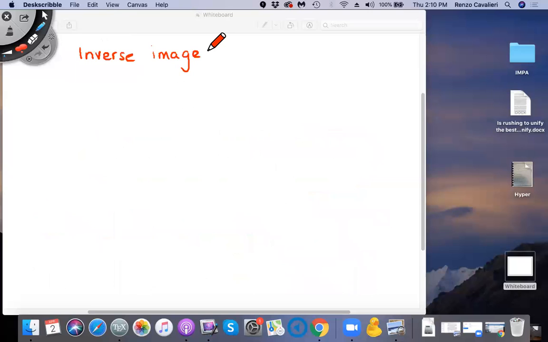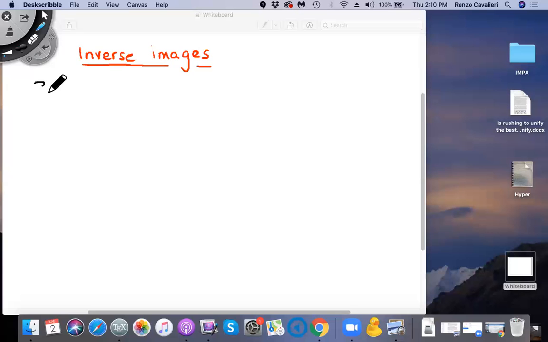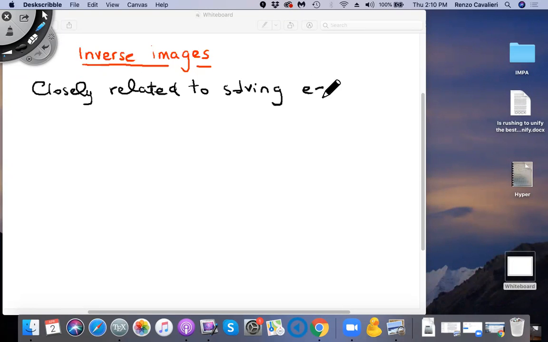Before we say anything too formal about this, the concept of inverse image is very closely related to solving equations. Why?